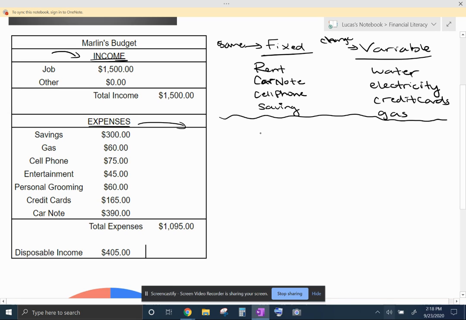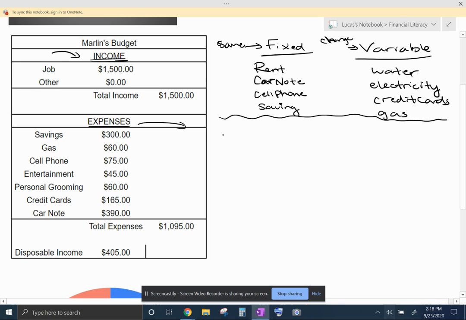And so it's really important to understand what percentage, because they have standards out there of percentages that you should keep your wants, your needs, and your savings at. And what we're going to do is figure out the basics of the percent, how to find a percent from the dollar amount in our budgets.